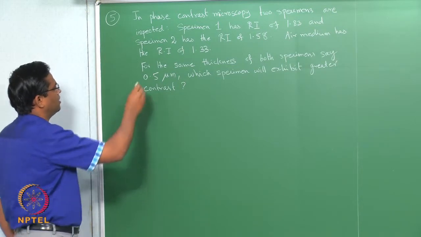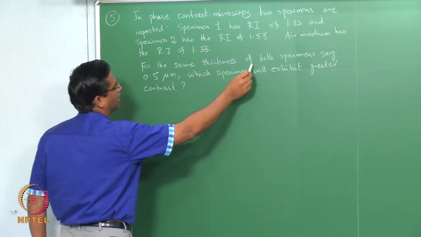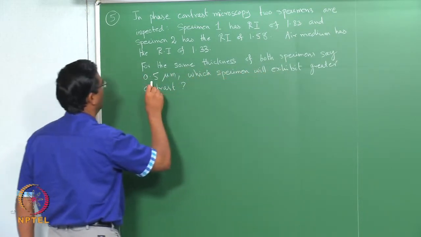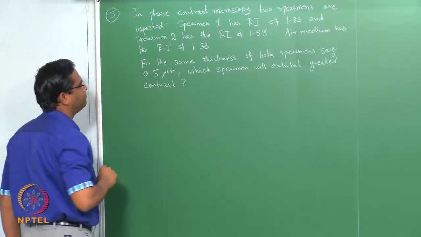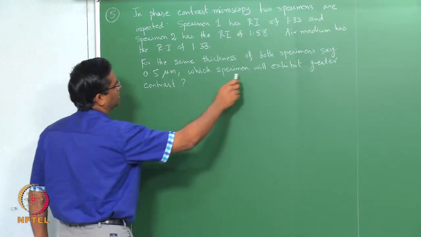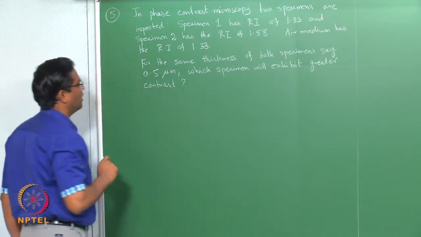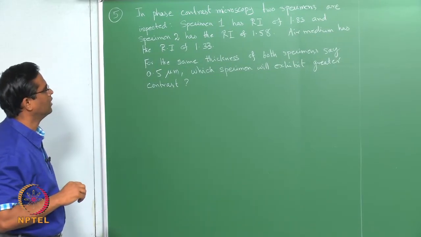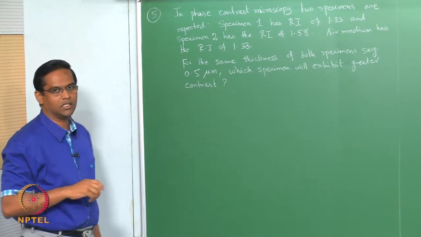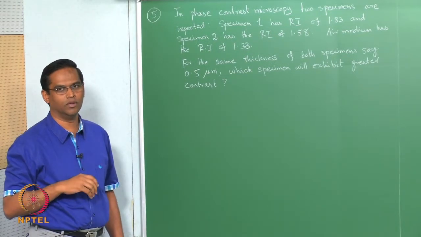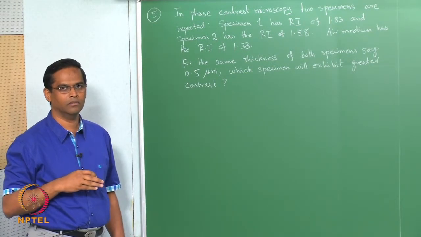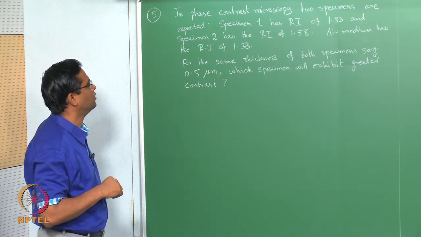If you assume the same thickness for both specimens, say about 0.5 micron, which specimen will exhibit greater contrast? I hope you will remember the formula which should be used.